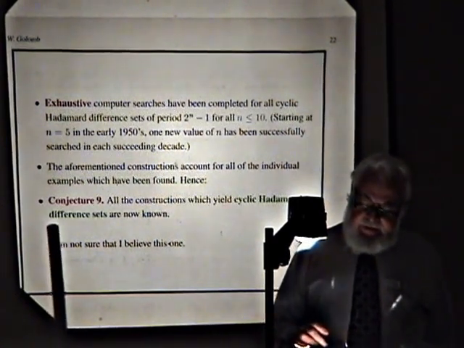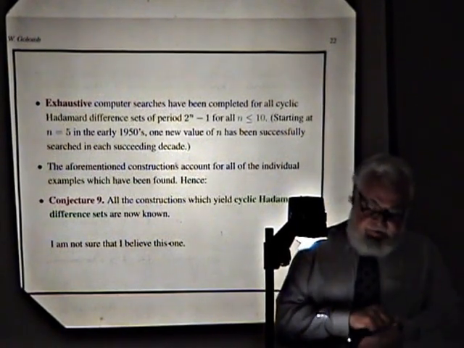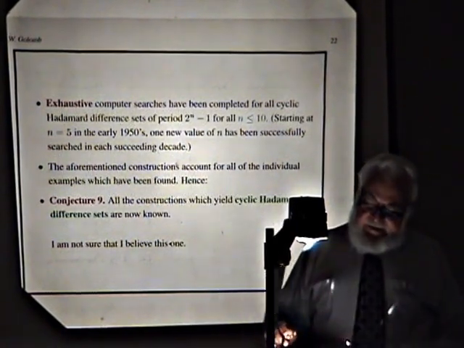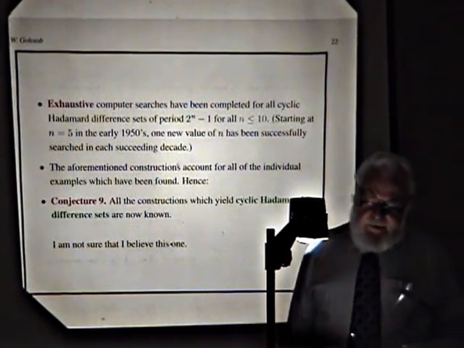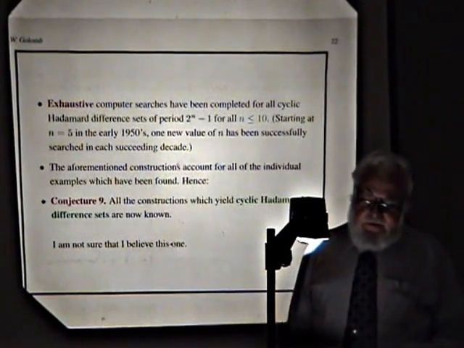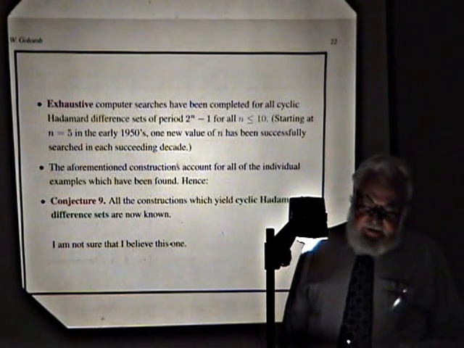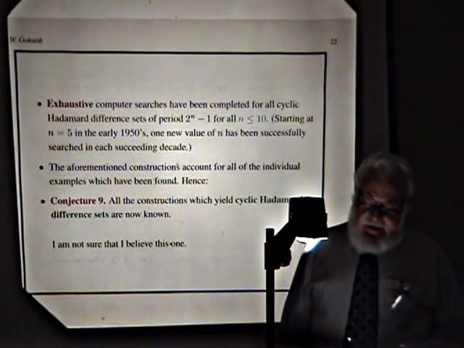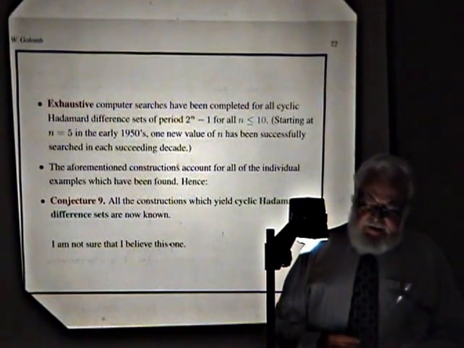So that leads to the conjecture that all the constructions that yield these cyclic Hadamard difference sets or two-level autocorrelation sequences of periods 2^n - 1, that all of these are now known. John Dillon and the late Hans Dobbertin, I believe, were actually working on trying to prove this.